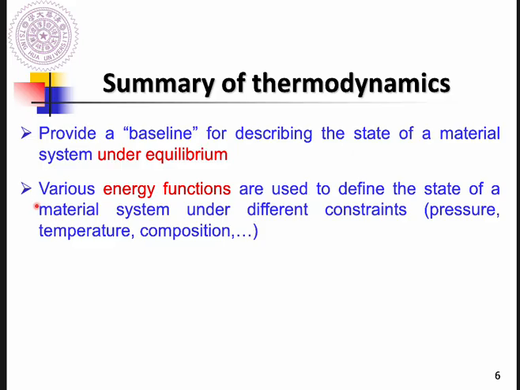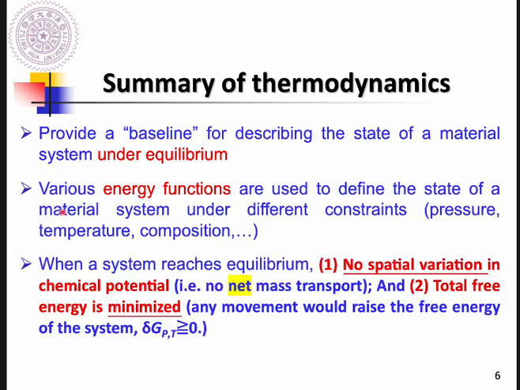You can use some parameters, and also you can use some energy functions to describe or define the state of your material systems of interest. And when a system reaches equilibrium conditions, there must be two criteria that need to be satisfied.